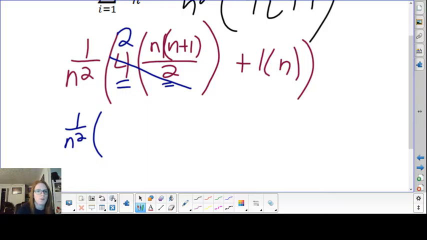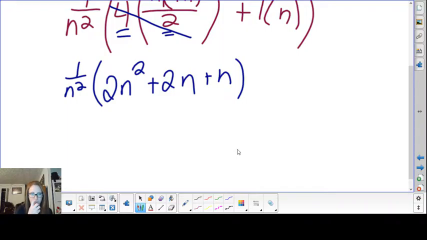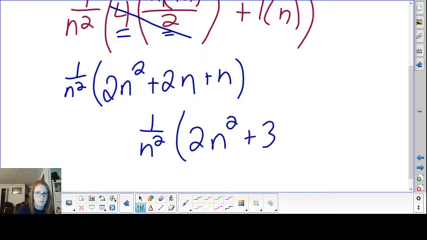So I'm going to multiply 2 in with my n, which gives me 2n. And I'm going to take that times n and n plus 1. So I get 2n squared plus 2n. 1 times n gives me n. Then I have 1 over n squared times 2n squared plus 3n.